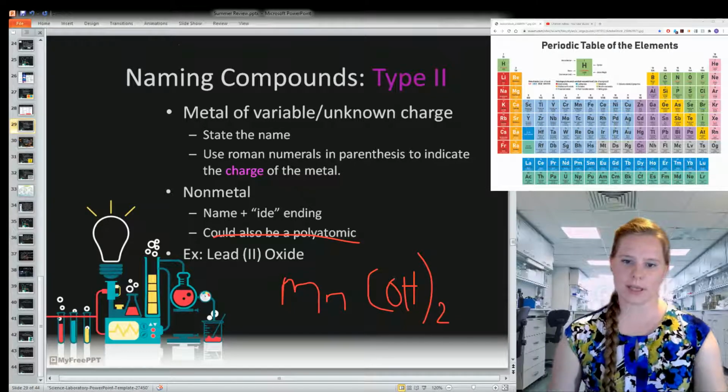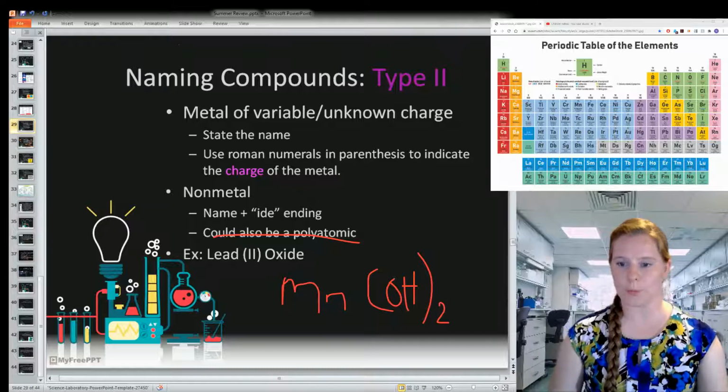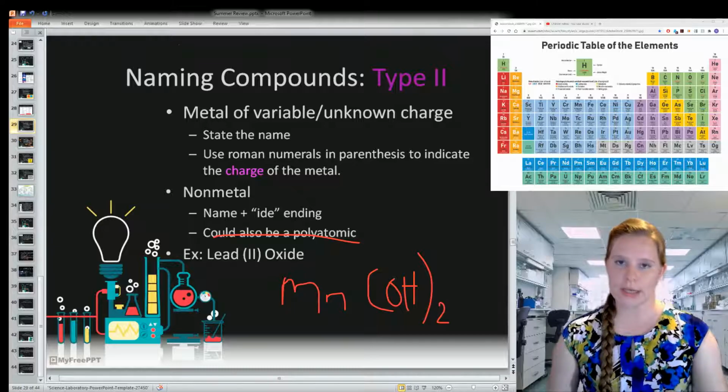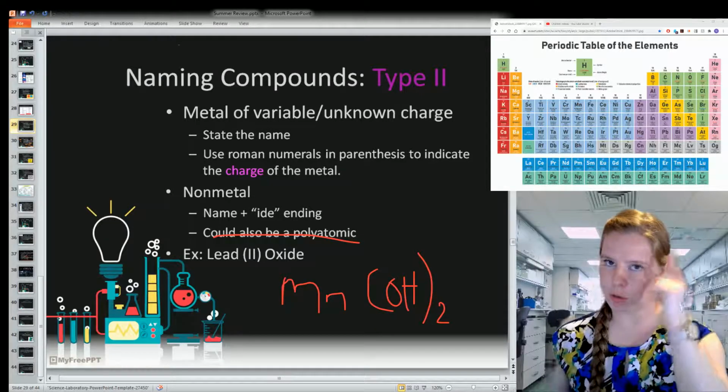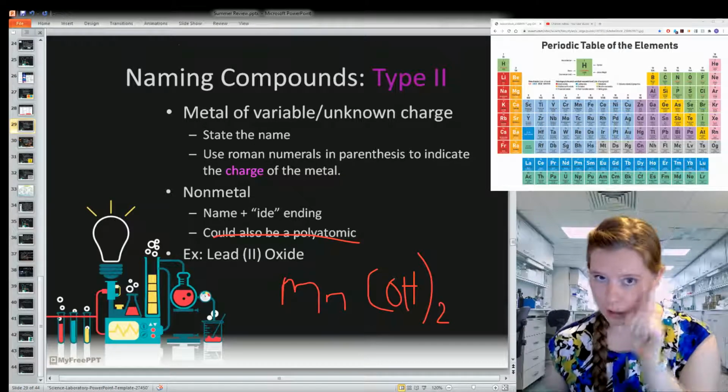Okay, so what if you had something like this, Mn(OH)2? In order to name it, you do need to know what the charge is. You say, wait a minute, Miss, how do I know the charge when you just told me I don't know the charge? Okay, you don't know it like you don't have it memorized, but you can figure it out.